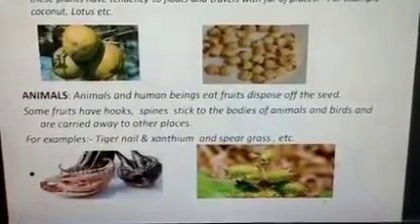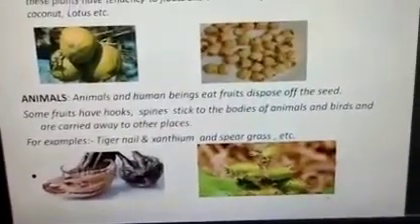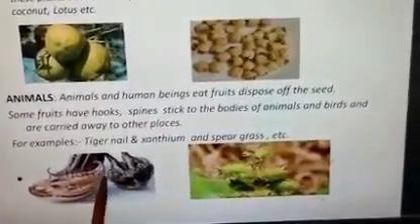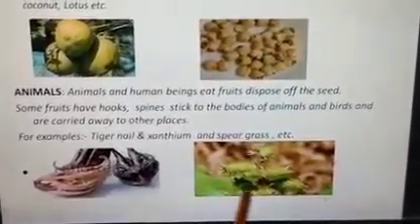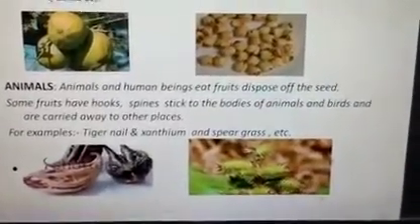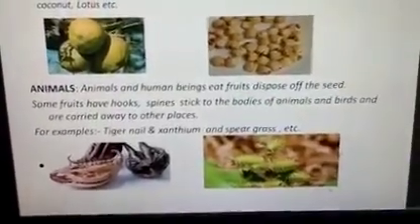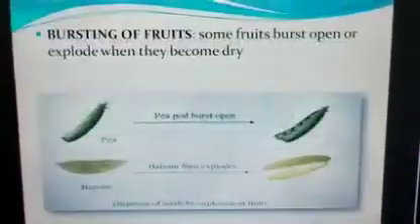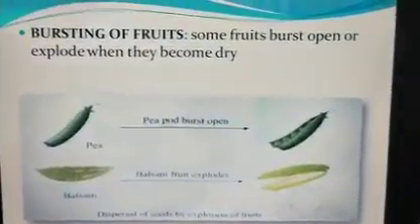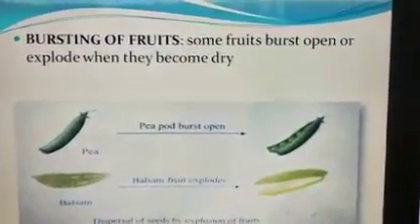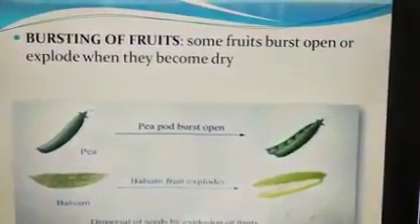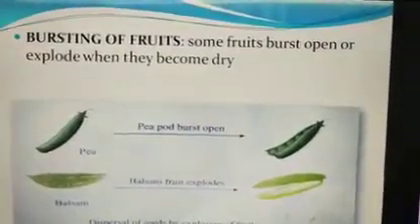For example, tiger nail. As we can see in the diagram, this is a tiger nail, and this is gentium and spear grass, etc. Now move to the next topic, bursting of fruit. Some fruits burst open or explode when they become dry. For example, pea and balsam.